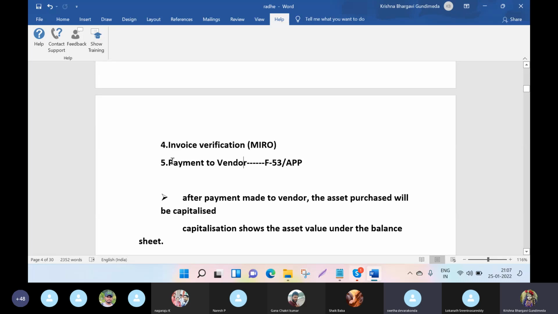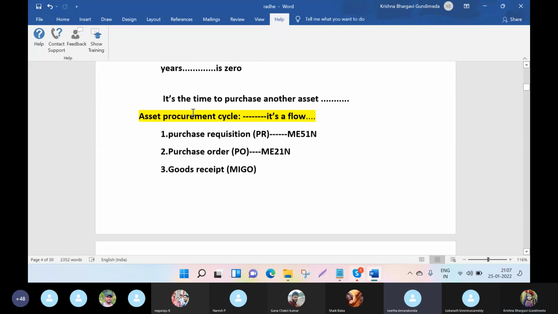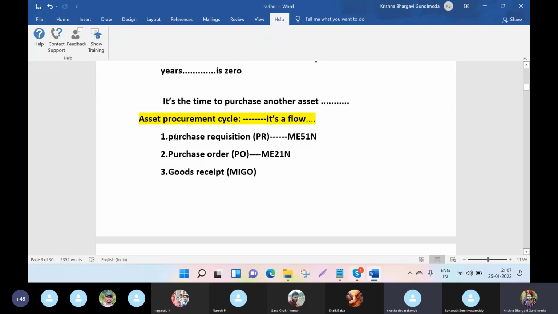After payment to the vendor is completed, it's the time to capitalize the asset. That means post capitalization of an asset. So first we make a purchase requisition, then place an order. After placing the order, we receive the goods from the vendor.